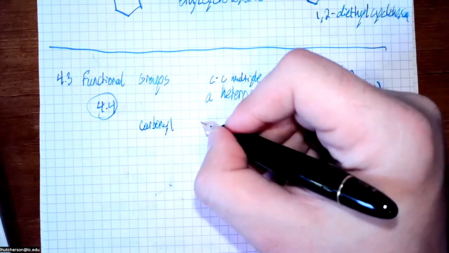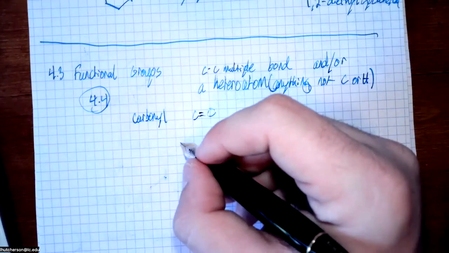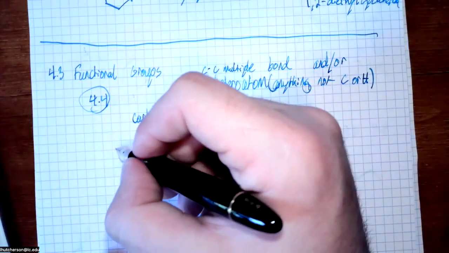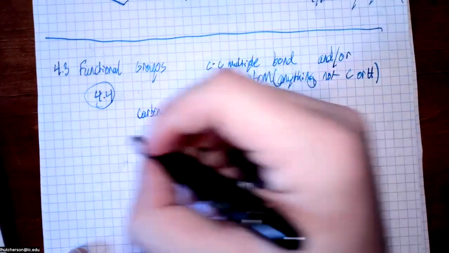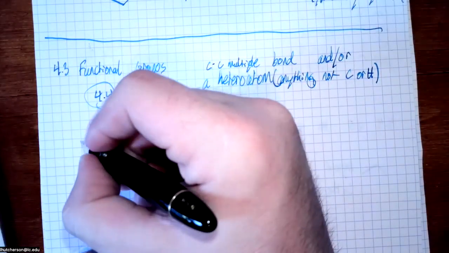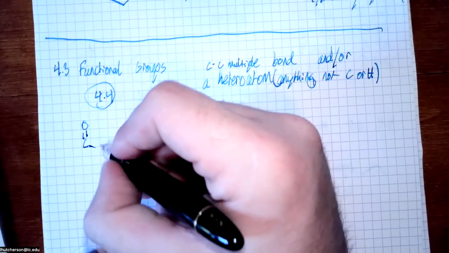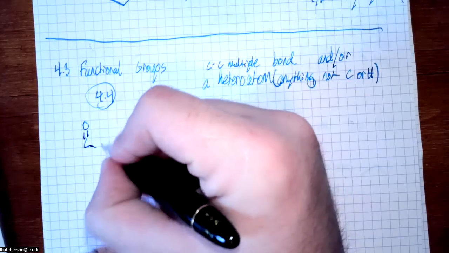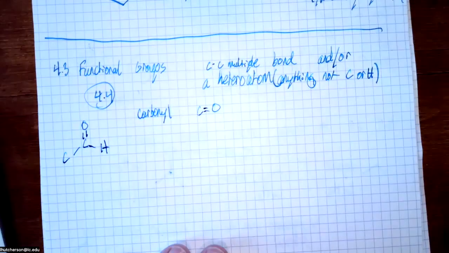Right? A carbonyl is a carbon double bonded to oxygen. We have a couple of these that we talk about. First of these is the aldehyde, which is a carbonyl carbon that has at least one hydrogen on it and typically is bonded to another carbon.